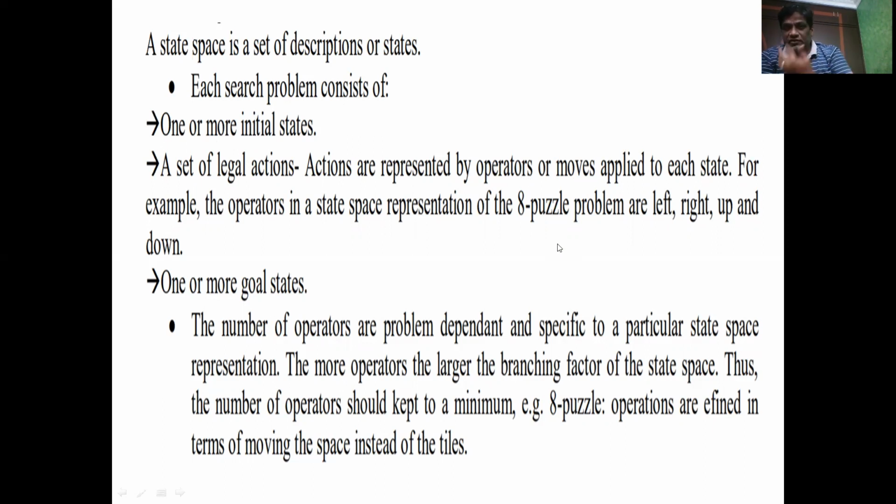For example, if you consider a puzzle problem, the general moves are moving the puzzle cubes left, right, up, and down. These are possible moves. And there may be one or more goal states also. Some algorithms identify a single goal state, and some algorithms will try to identify all possible goal states. It depends on the algorithm that we apply.